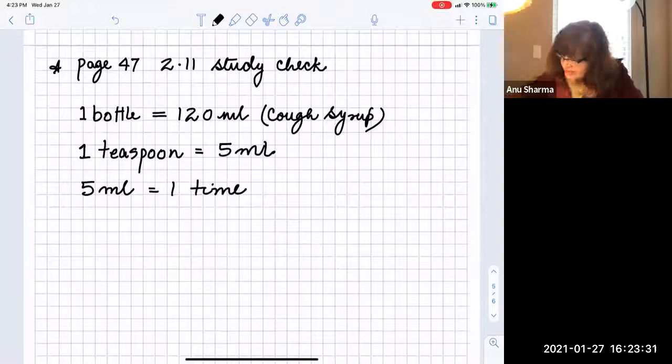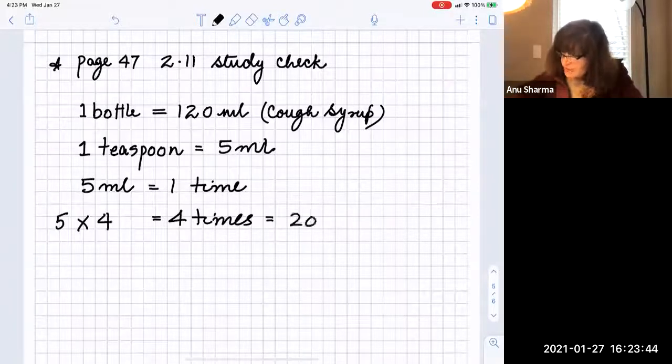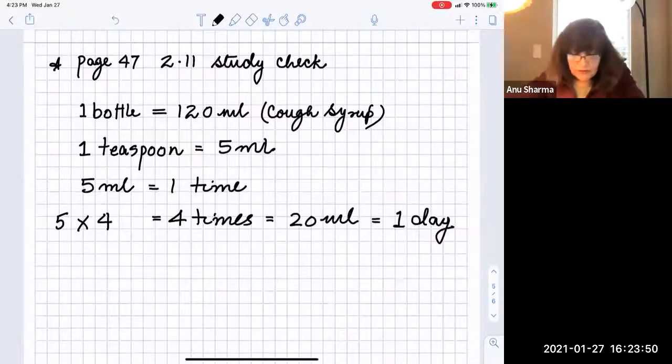So 1 teaspoon, 5 ml, is given 1 time. So 4 times would mean 5 times 4, so that is 20 ml. And this 20 ml is given in 1 day. This is what it means.